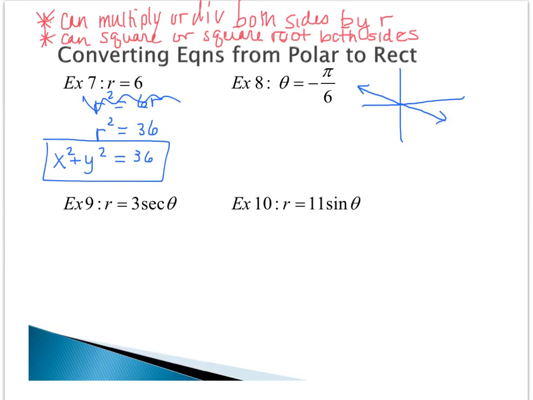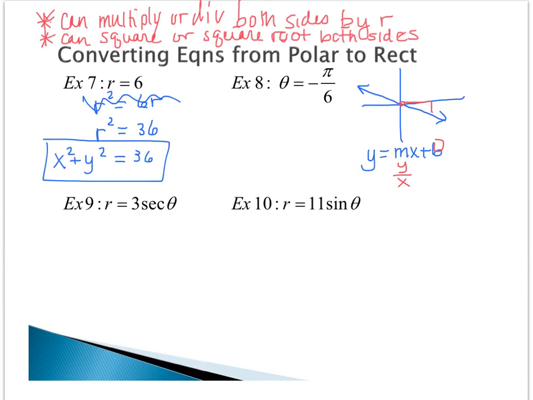So if we envision this line, we know that every line is described by its slope and its y-intercept. And this equation is y equals mx plus b. Since the y-intercept is 0, we know that our b is 0. And my slope is going to be equal to the y over x ratio of the triangle that we see here. At negative pi over 6, that angle is 30 degrees.